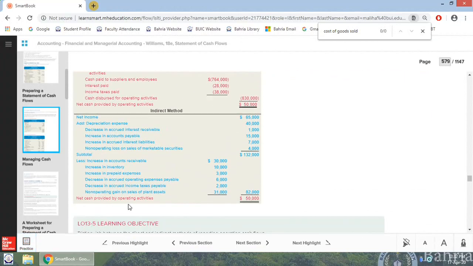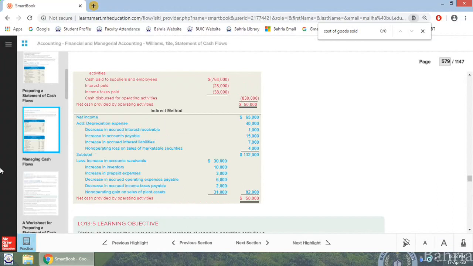So this is just, by operating activities, you can simply have a good picture of net income from the income statement. Then you can just add back the depreciation expense. And why you're adding, like I told you, is that you have added back at times because you already subtracted it from net income. Increase in or decrease in expense, accrued interest receivable.